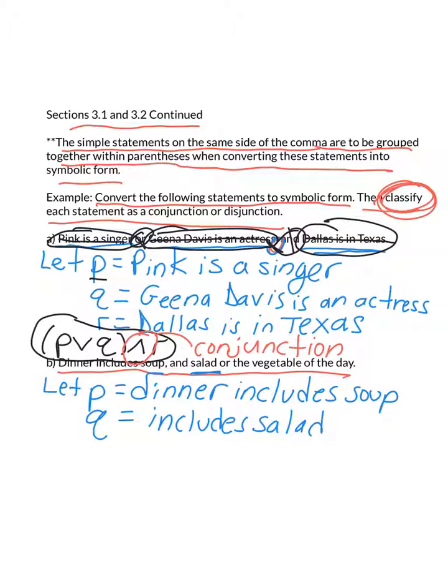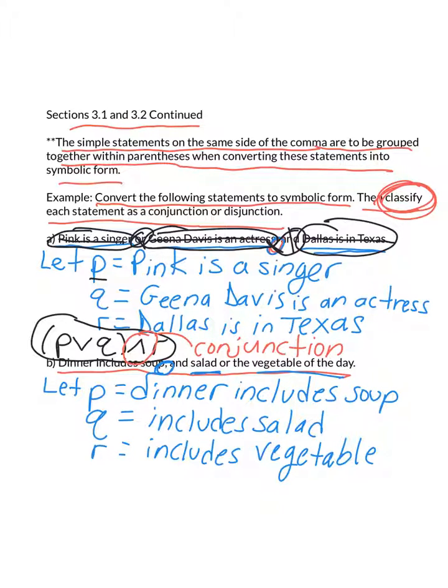And there is a third idea, vegetable of the day. So let R represent that dinner includes vegetable of the day. And I'll just shorthand it again to includes vegetable. As soon as I see three different letters, three different ideas, that tells me, hey, don't forget to look for the comma, because that's going to tell me where to put those parentheses.